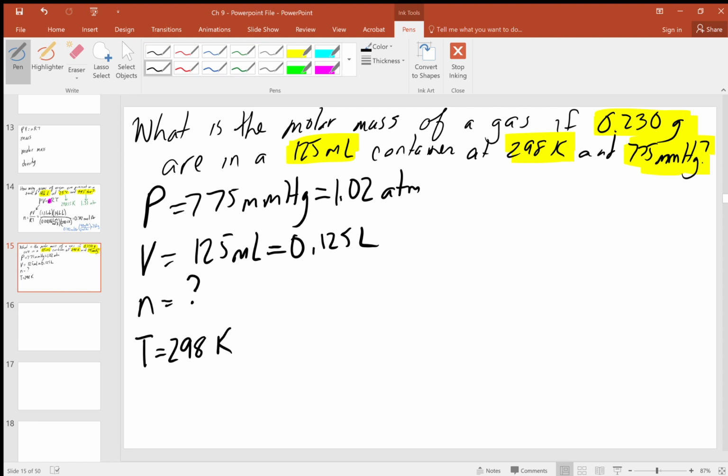Now, what is molar mass? Well, molar mass is the mass of something per mole. So if you know the mass of an object and you know how many moles you have, you can use that to calculate its molar mass.